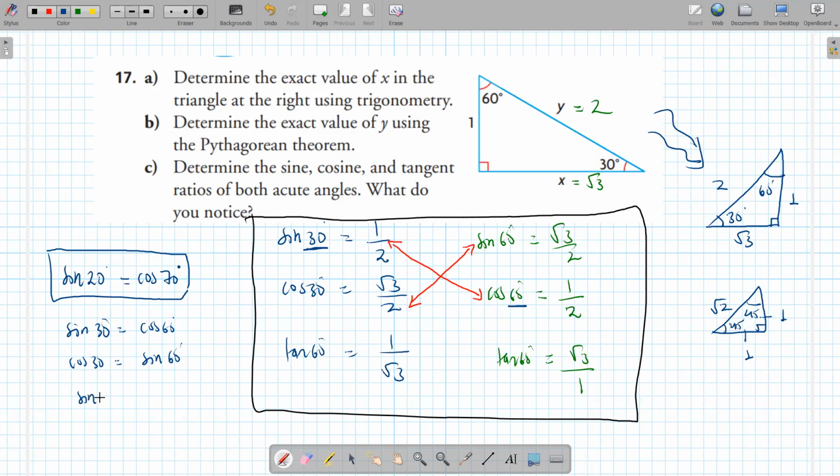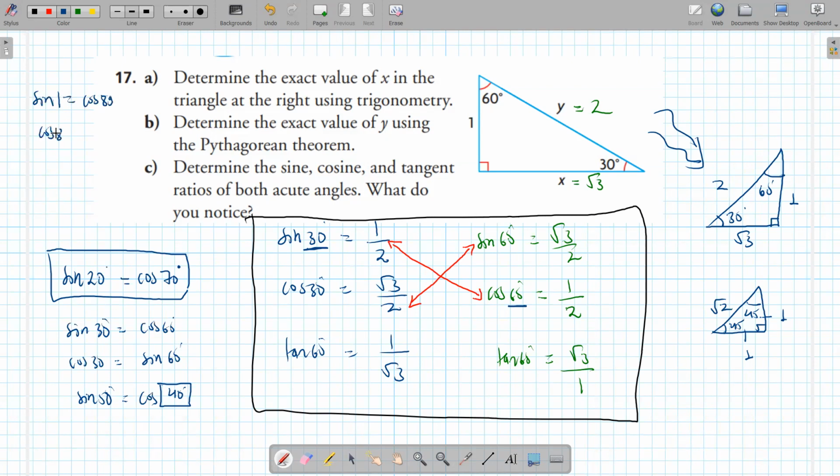If I asked you, what's sine 50 in terms of cosine? What's the complement of 50? You do 90 minus 50, you're going to get 40. So sine 50 is cosine 40. Sine 1 would be cosine 89.